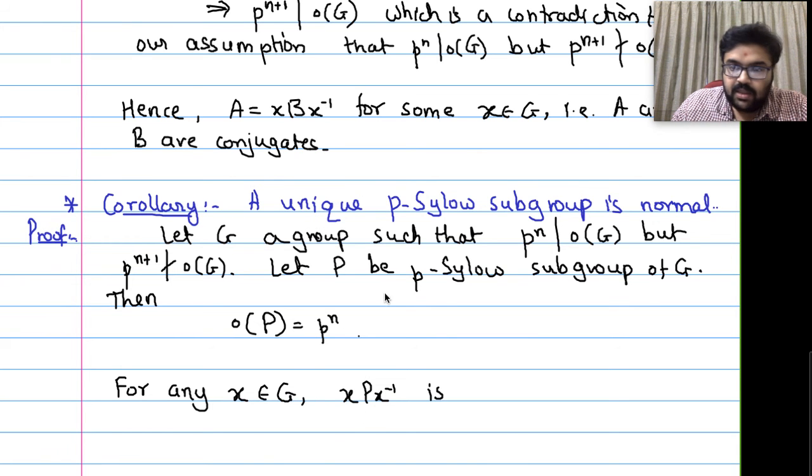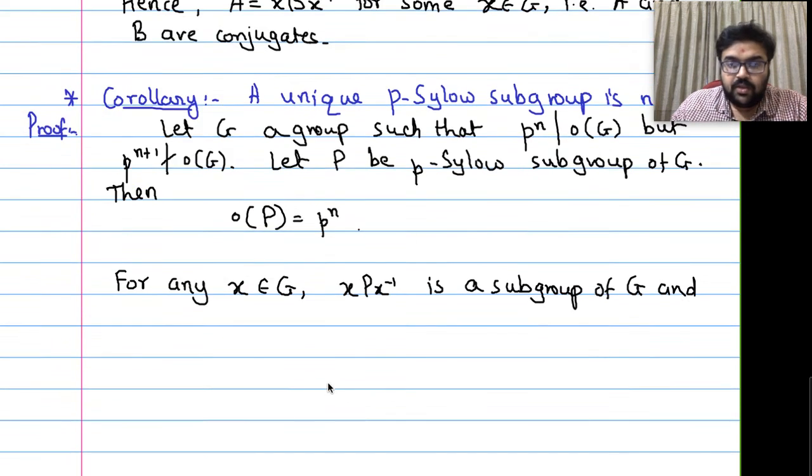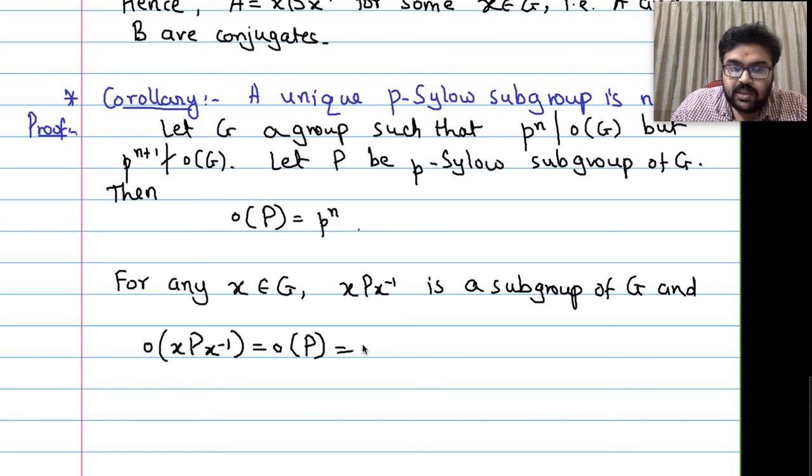So if P here is a p-Sylow subgroup, then for any x, x P x inverse is a subgroup of G. And not only that, this is isomorphic to P. So if it is isomorphic to P, the order is also the same. This is also what we have seen last time. So the order of x P x inverse is the same as the order of P, which is p power n, which is also the highest prime power. So that means this is also a p-Sylow subgroup for every x.